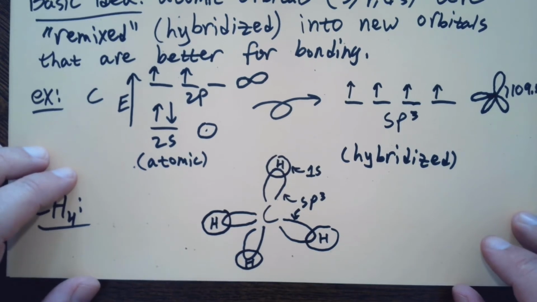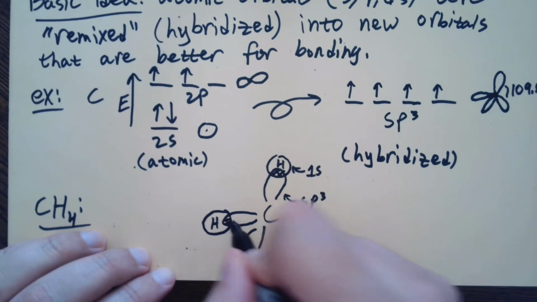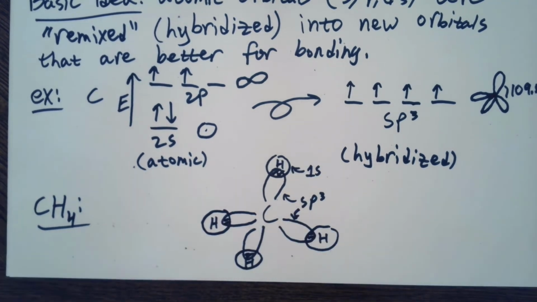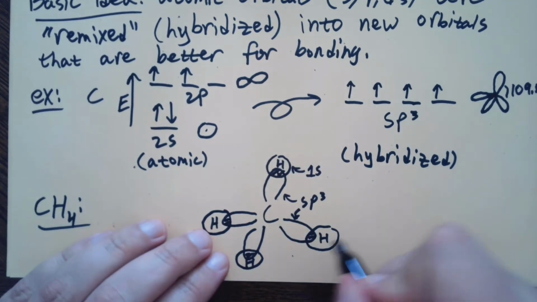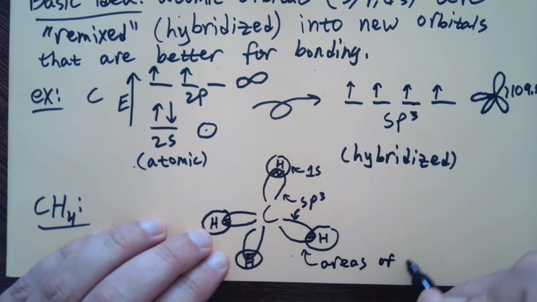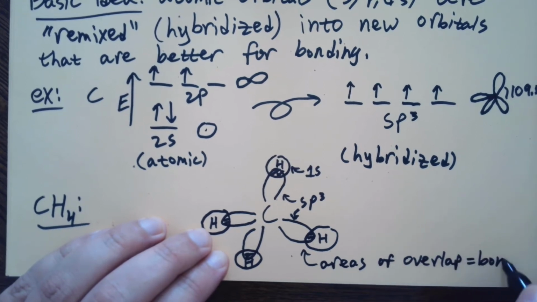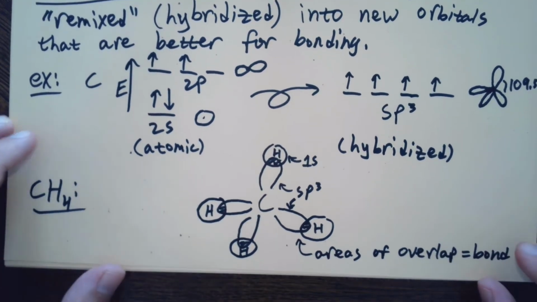Alright, so we still have these areas of overlap. That gets us chemical bonding. So that idea isn't wrong. It's just being built on.